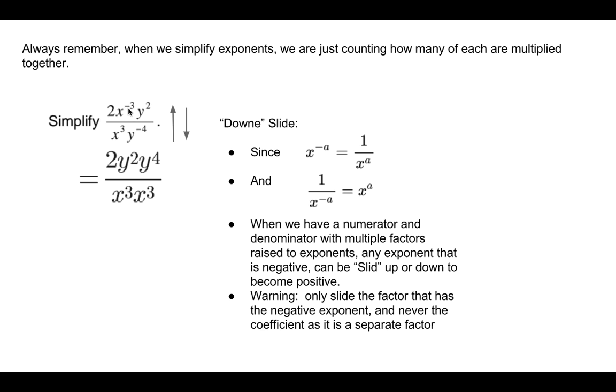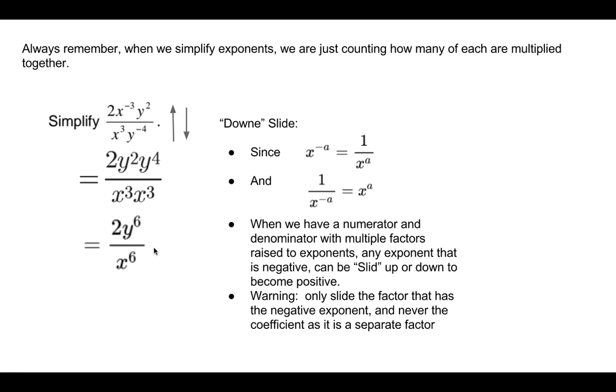So this x to the negative 3 slides down to go with the other one. And the y to the negative 4 slides up to go with the y squared. So those are the two things that changed. What that does is it really just helps us count without worrying about the negative signs. So now we've got 6 y's on the top, and we've got 6 x's on the bottom, and we can see it.